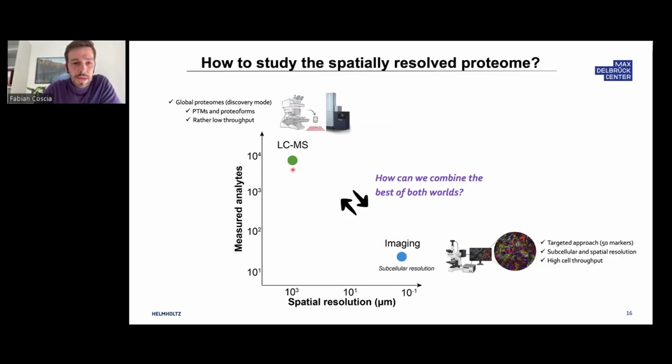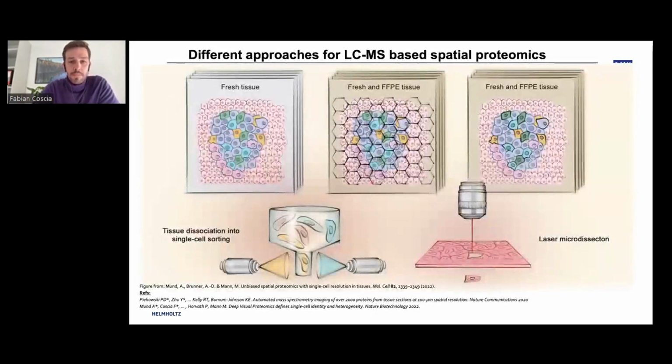So here the most important question is how we can make the best out of these two different approaches: combining imaging-based approaches at single-cell or subcellular resolution with ultrasensitive LC-MS-based approaches to have a really unbiased, untargeted description of the disease-related proteome. Compared to MALDI-based approaches, LC-MS-based approaches don't preserve spatial resolution as such.